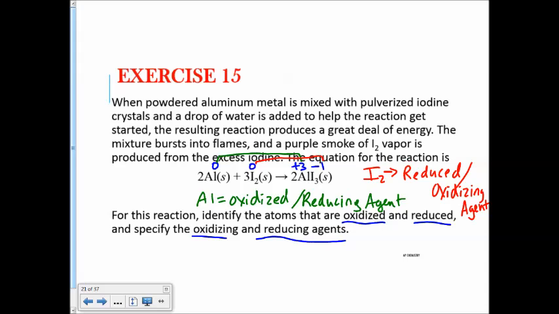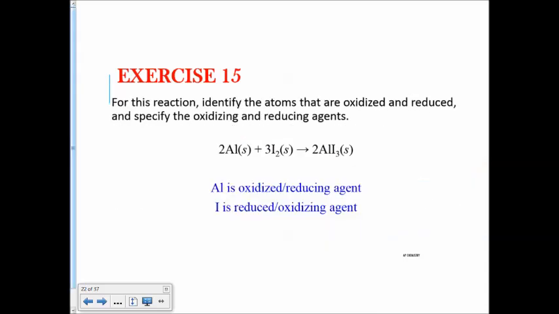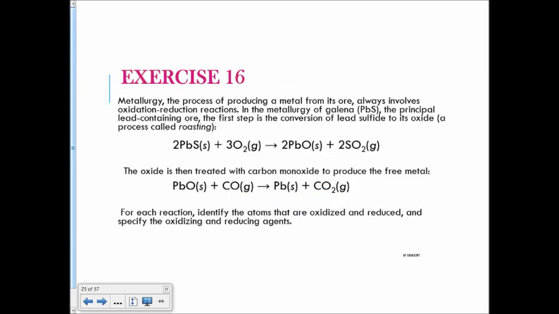But in the next one, we do have the second one here. This one just has elemental oxygen. These are 2 separate compounds. So the entire compound is going to be considered part of the agent, not just the element itself that's doing the redox part.